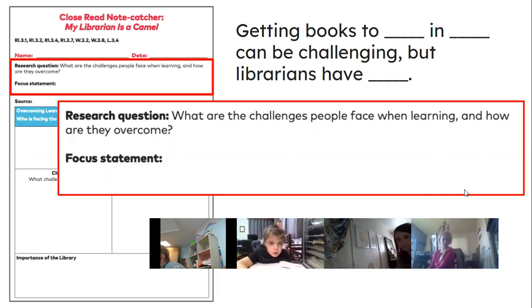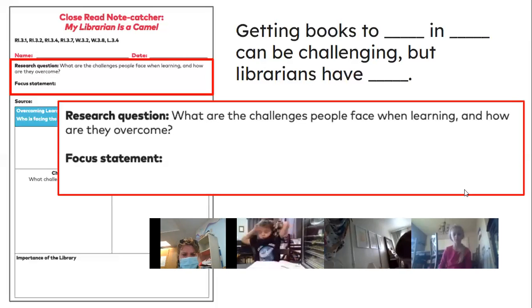What did you say? Donkeys. So I'm going to guess that Henrik is going to finish his sentence, but librarians have, I'm going to bet somewhere in the rest of his sentence is the word donkeys. Do you think that's going to make sense for him? Yes. Finland, are you going to use donkeys in your sentence? No. What are you going to use?